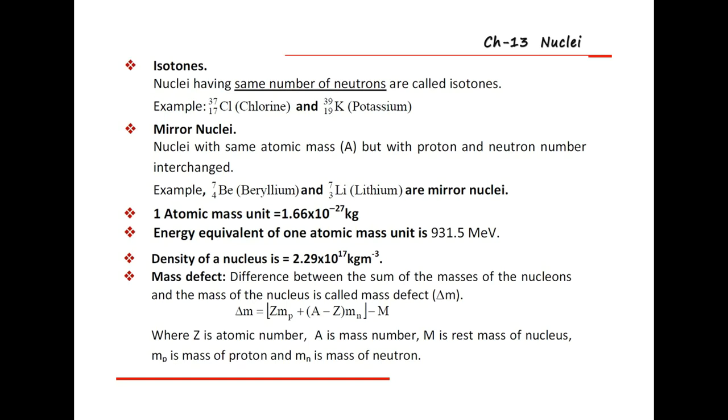The mass number A is the same, but the proton number and neutron number are interchanged. That is known as mirror nuclei.